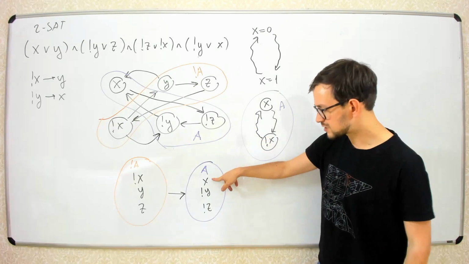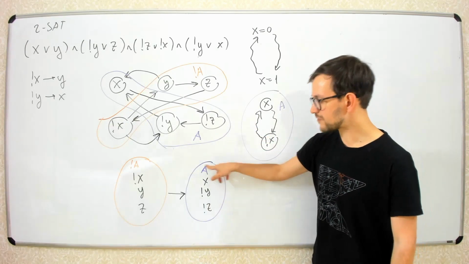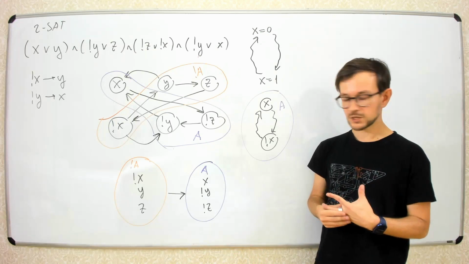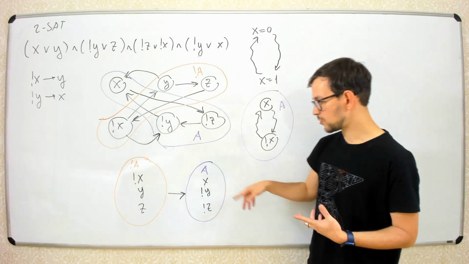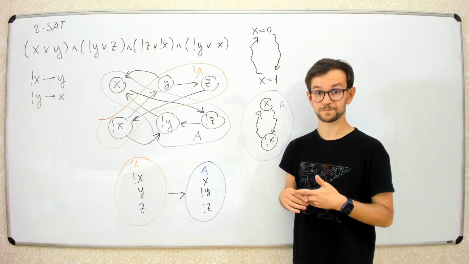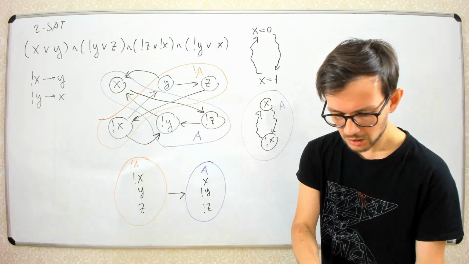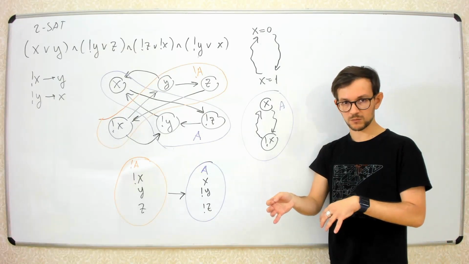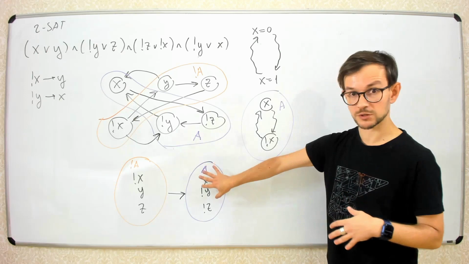So if at least one of these is true, then everything else also must be true. So in every strongly connected component, everything is true or everything is false.